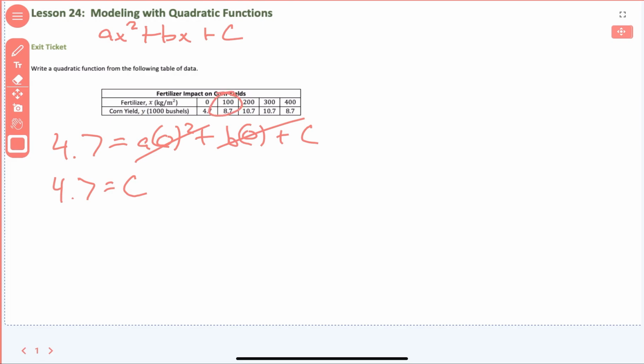So now we can say A times 100 squared plus B times 100 plus what? 4.7.